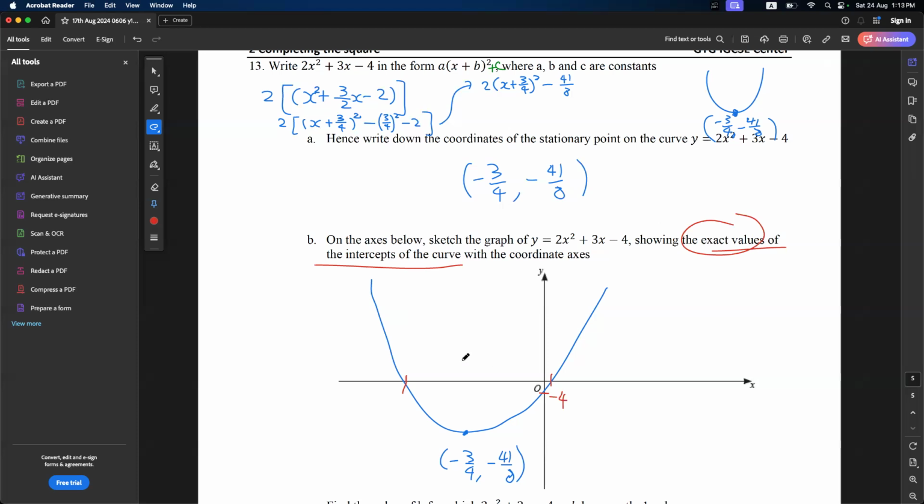So you need to write down these values, which is negative 3 minus root 41 over 4, and over here will be negative 3 plus root 41 over 4. You need to write down the exact values, not the decimal. This 2.35 is actually rounded, so it's incorrect.